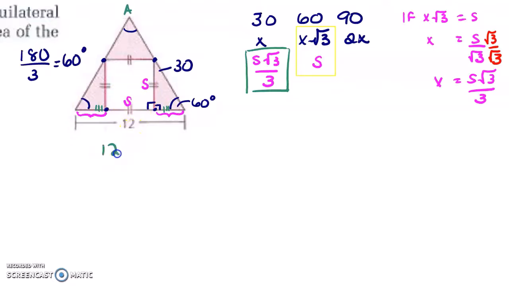So I can say that 12 is equal to the side plus those, I'll just say 2 parts. So if I want to solve for one part, I would take 12 minus the side and then divide by 2.